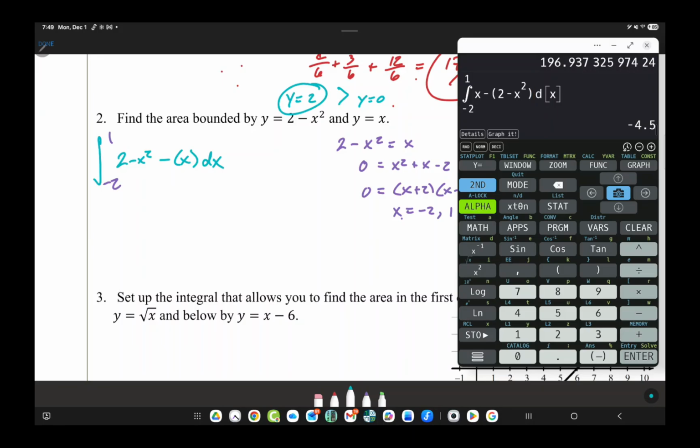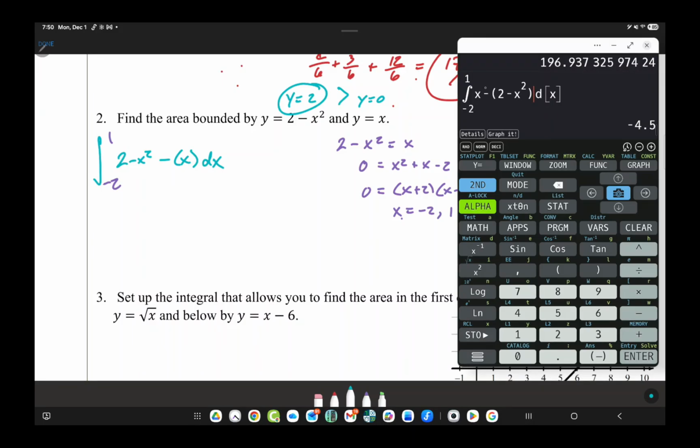Should you ever have a negative area? No. Now, if it was just one function and I wanted to know the area under a curve, yeah, I could get a negative value there because it could be below the x-axis on some interval. But when you're looking at area between two curves, you are never supposed to get a negative answer, which means really it's just going to be positive 4.5 because you just typed this in backwards.